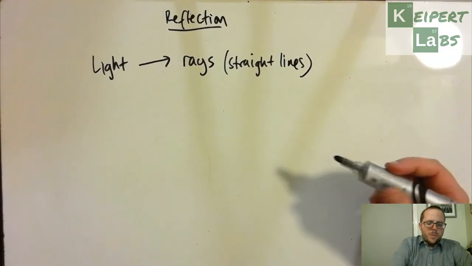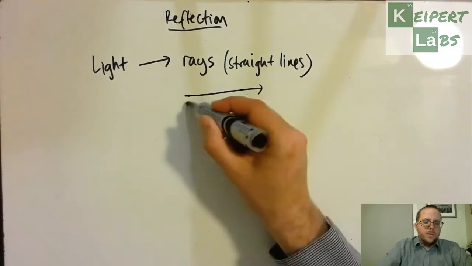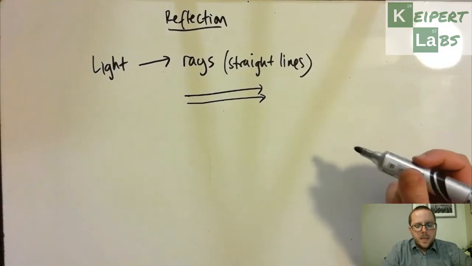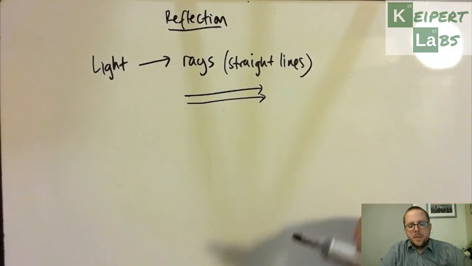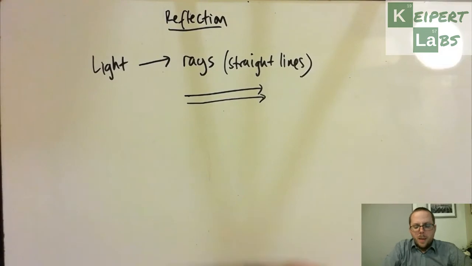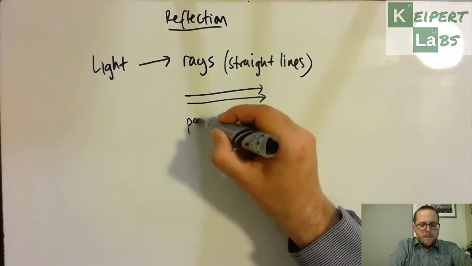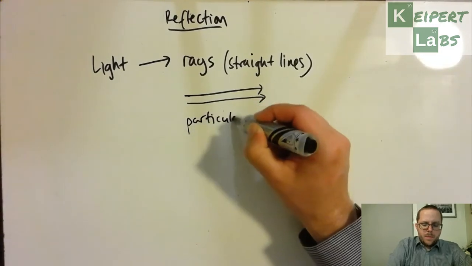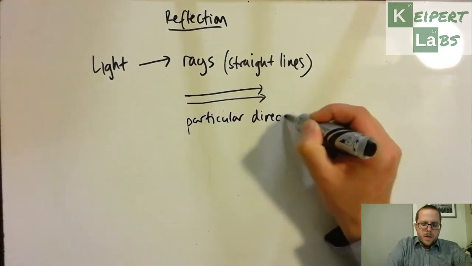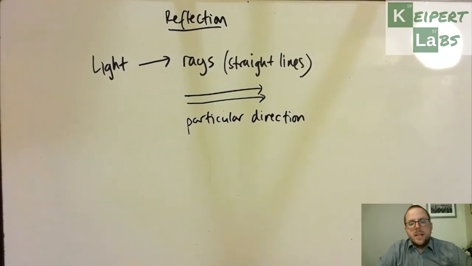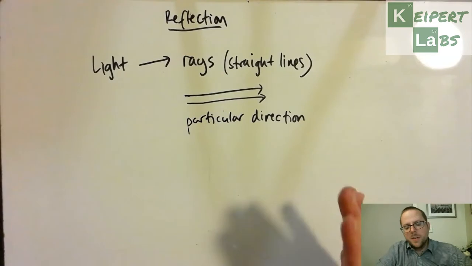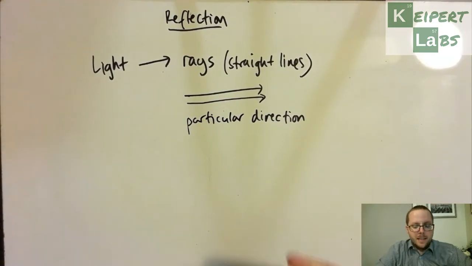Now, I'm totally not doing this with a ruler, but we tend to imagine light waves traveling in a particular direction, and these light rays, these particular waves traveling in a certain straight line in a particular direction, are the ones that we seek to study.